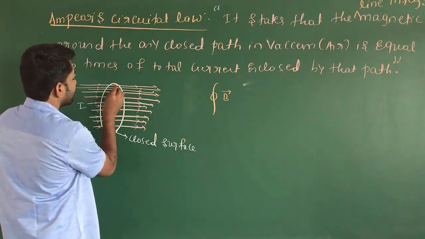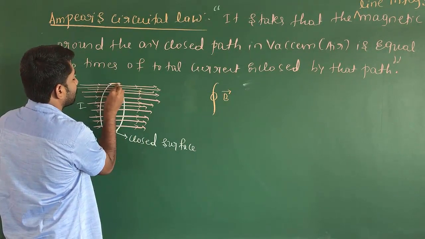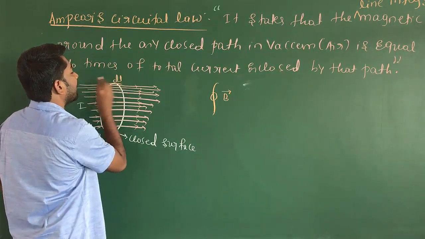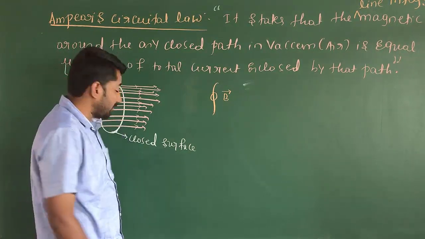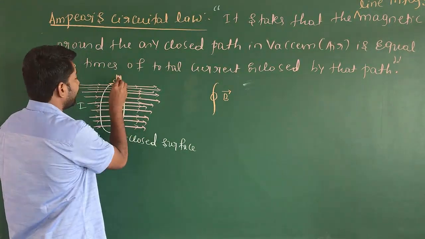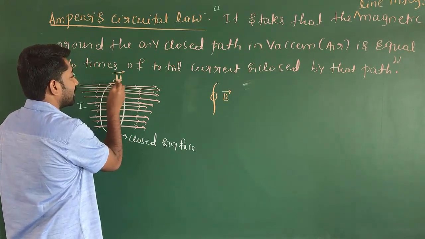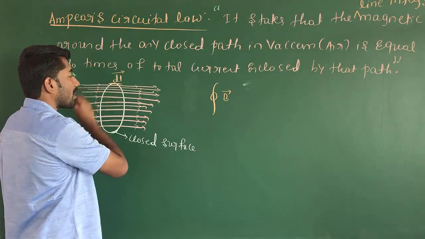Now I consider the small current element on this closed loop, that is dl. B is the magnetic field of this closed path, and dl is the current element of this closed path.